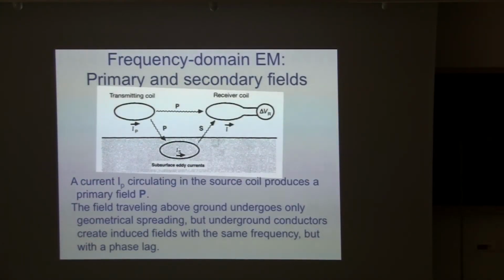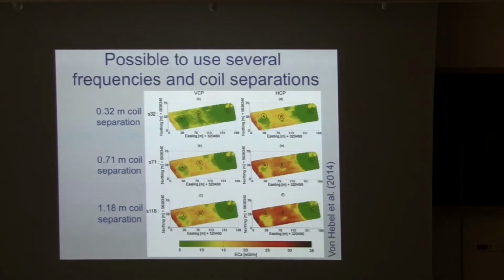Then there's the frequency domain method, a bit more simple, but many of you have used it. We call it conductivity meters. You measure the secondary field, which is what is caused by the eddy currents. You divide it by the primary field, and under specific circumstances, you can directly relate this ratio to an average conductivity.